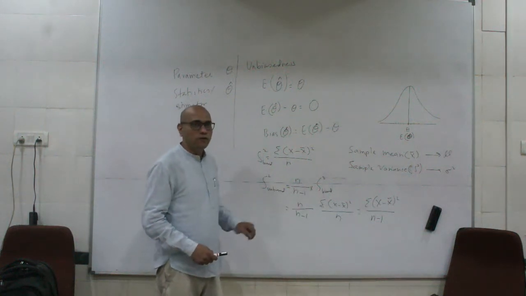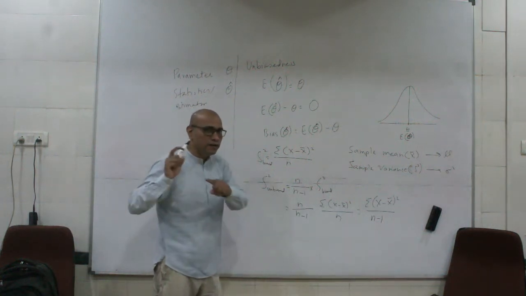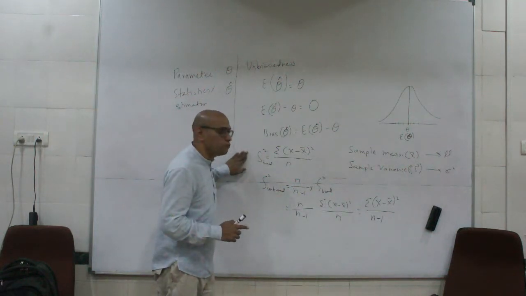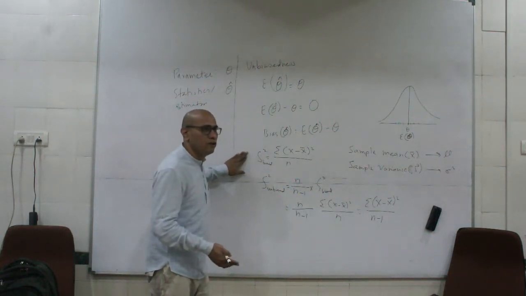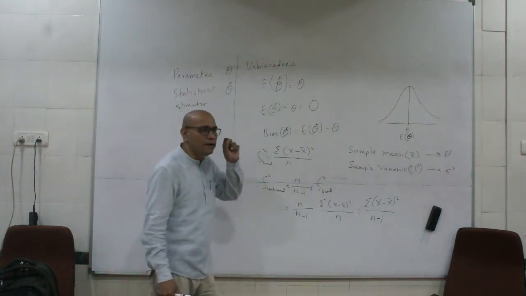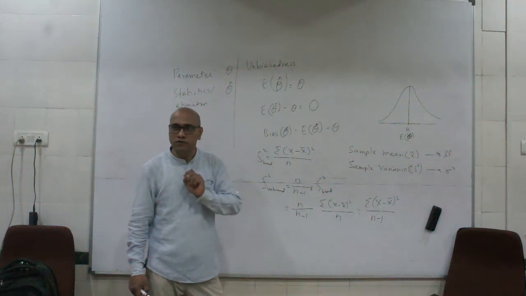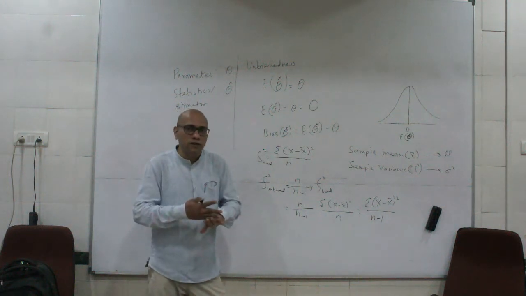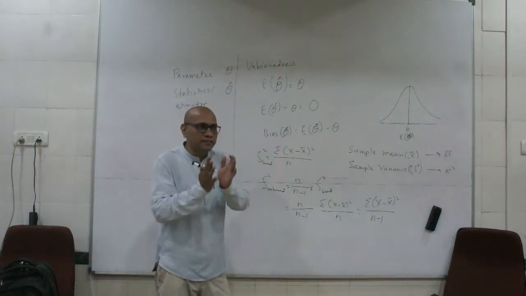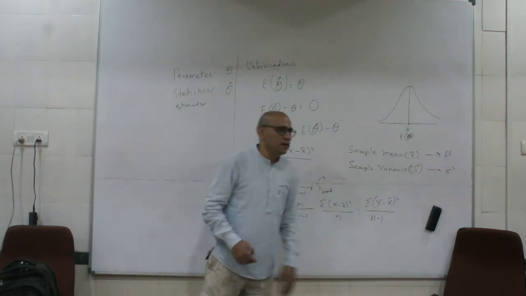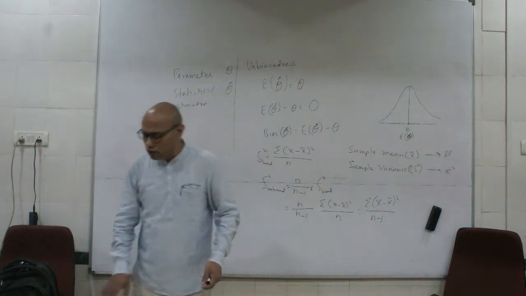The thing that we need to understand is when you use sample variance to estimate population variance, we are actually underestimating the population variance, and so we need to increase the size of the estimator, and that is done by reducing the size of the denominator.